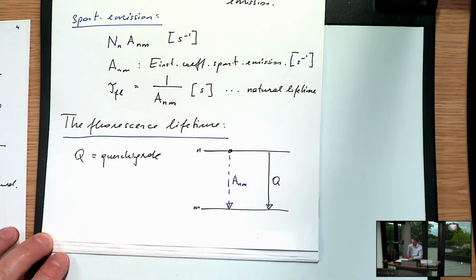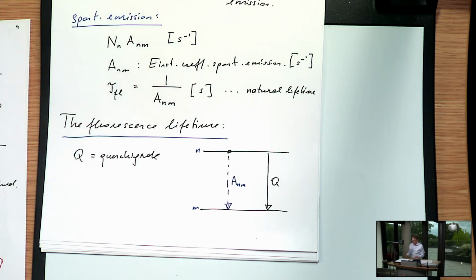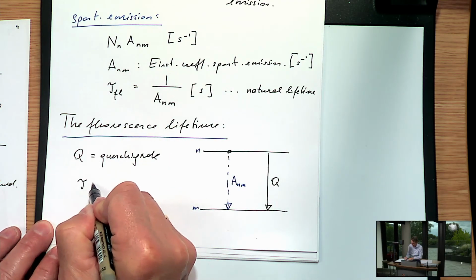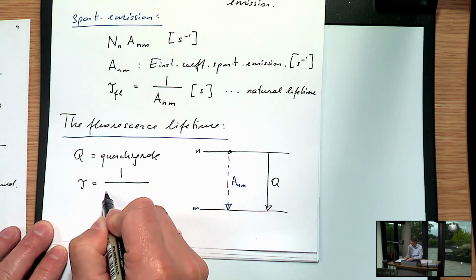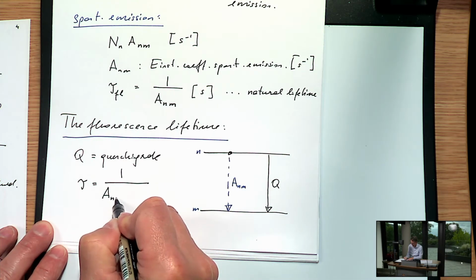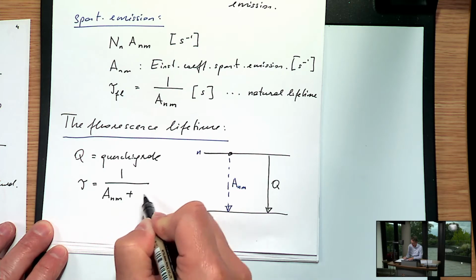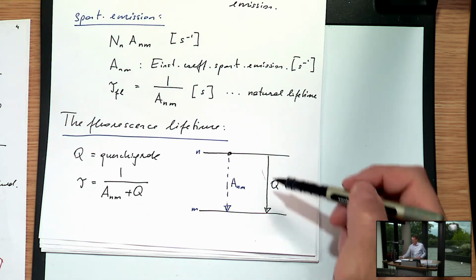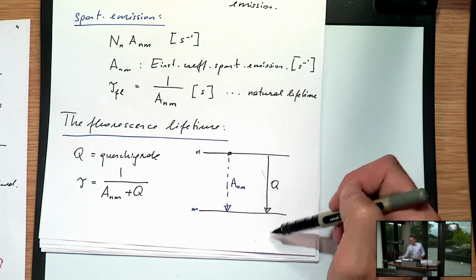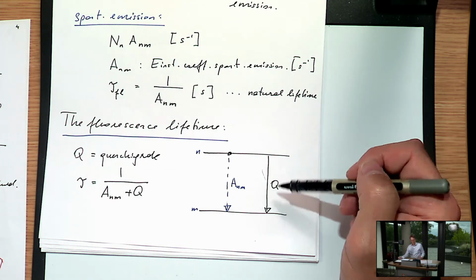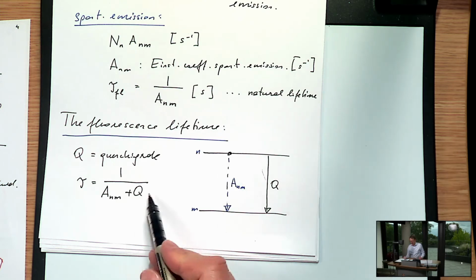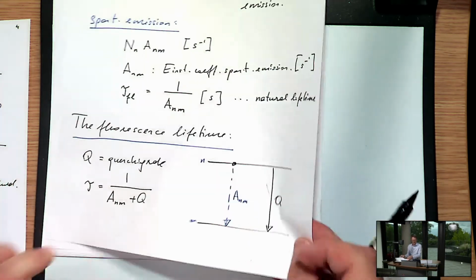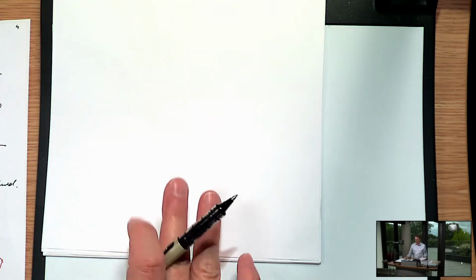So we can now put that into the lifetime. The lifetime is the natural lifetime, 1 over A_NM, but now it is reduced by that extra loss mechanism. The population can come down much more quickly if the quenching is high. Again, these are values that are handy to remember.